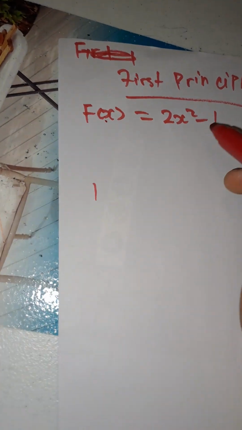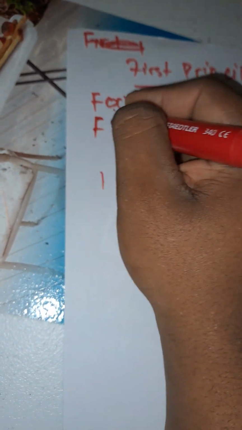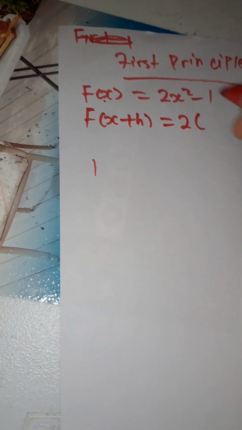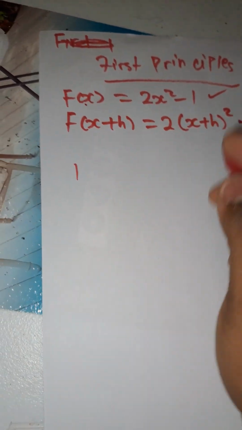So already I know my f of x is equal to 2x squared minus 1. I'm done. And then what is the second step? I have to find my f of x plus h. So it's going to be 2, and where there is x, I'm going to put x plus h, squared, minus 1. And then I have to expand it.